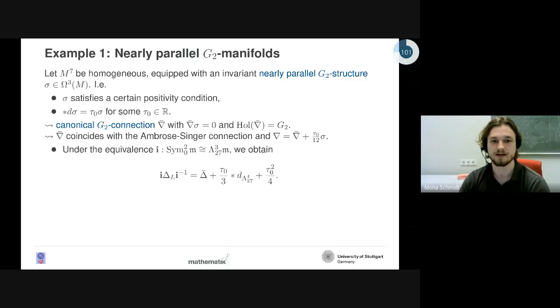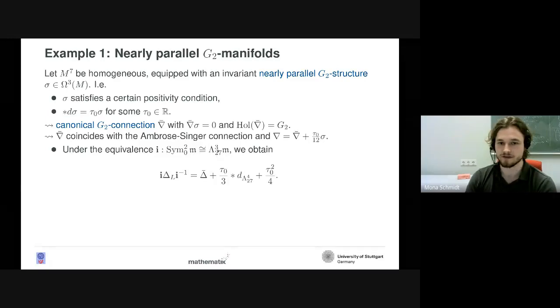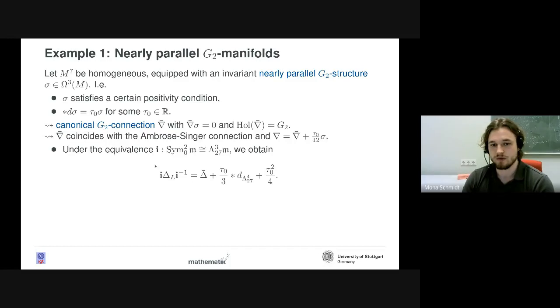And then we can do all sorts of algebra. For example, we can pass under some equivalence to a bundle where working is easier. So this is a certain subbundle, a certain subspace of lambda 3 M. And then we get a comparison formula between the Lichnerowicz Laplacian and the standard Laplacian.